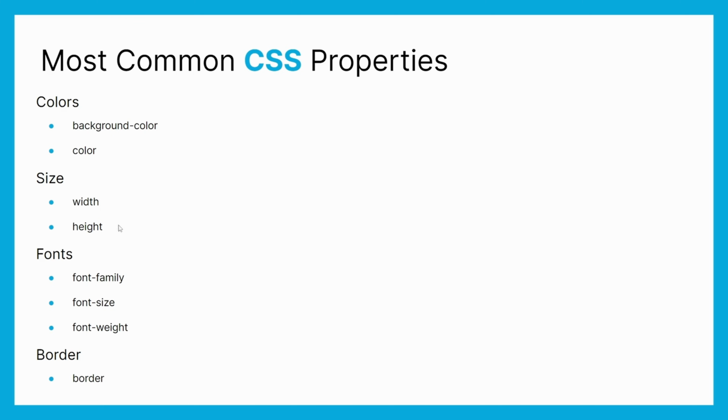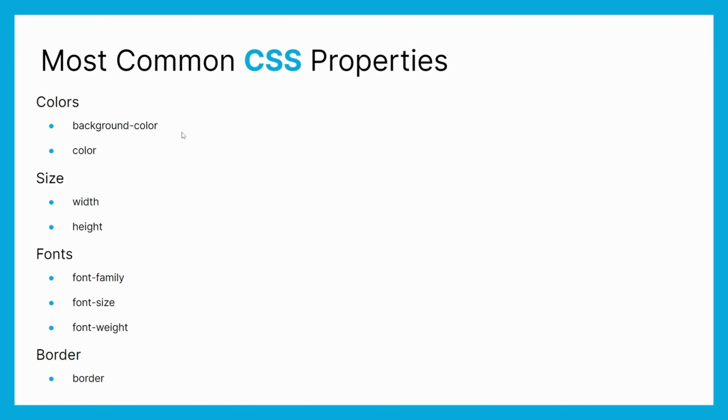Width and height allows you to control the width and height of your element. Font family allows you to control what font your text is going to be. Font size allows you to control how big or small your text is going to be. And font weight allows you to control whether your font is going to be bold, normal, or light. And border is going to allow you to put a border around your element.